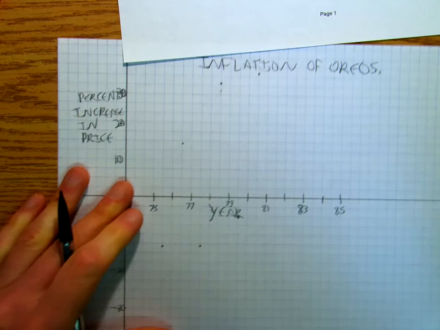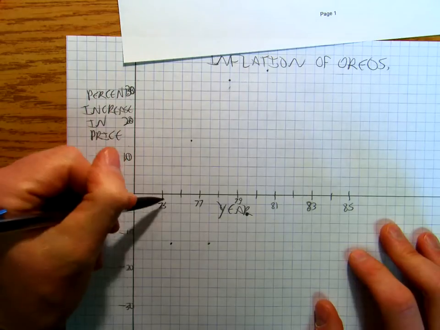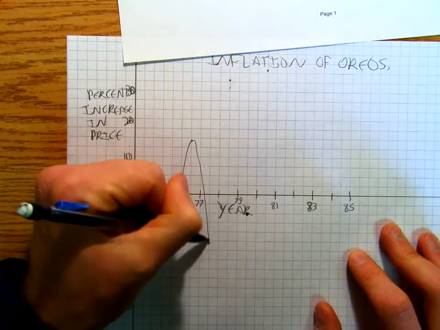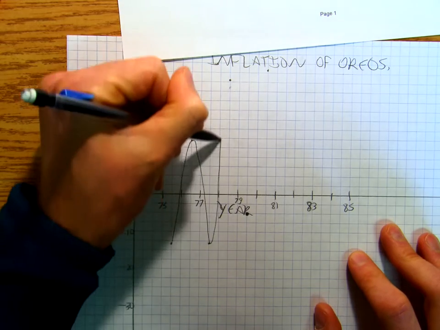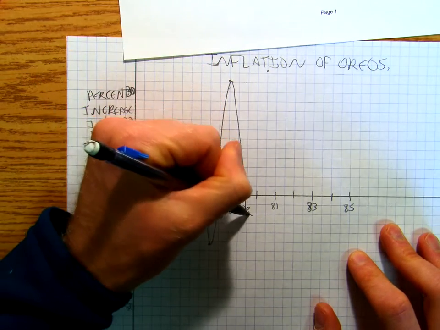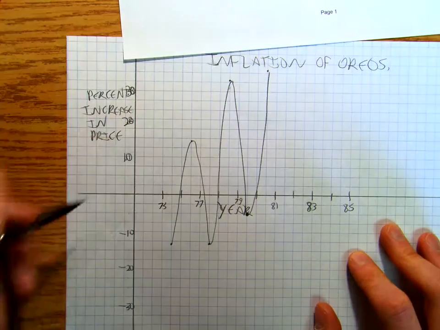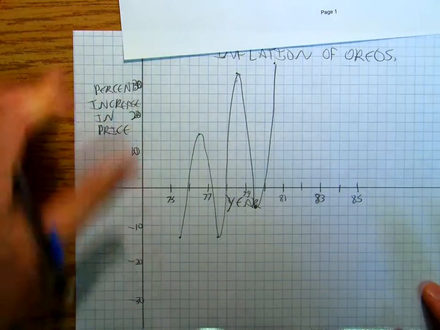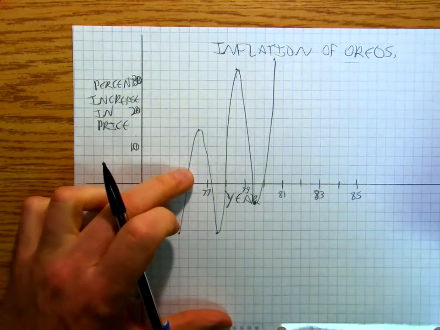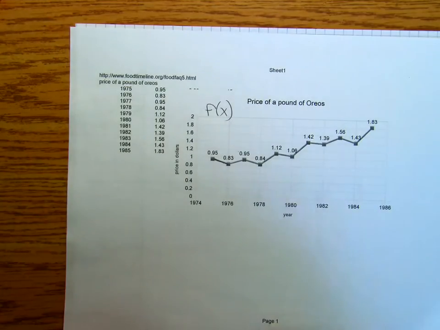Okay, so then I've got this crazy kind of graph of the percent inflation of Oreos. That represents the slope of this line.